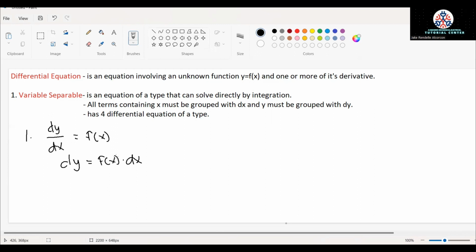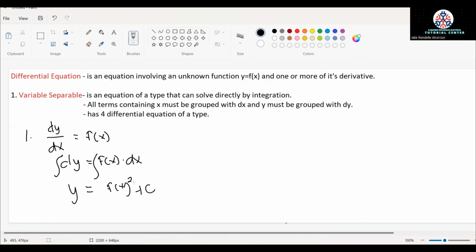All terms containing x must be grouped with dx and y must be grouped with dy, since there is no y there and only a function of x. So we already grouped the x with dx and the y with dy. Now we can start integrating both sides. The integral of dy is y equals the integral of the function of x, say, x squared plus c.